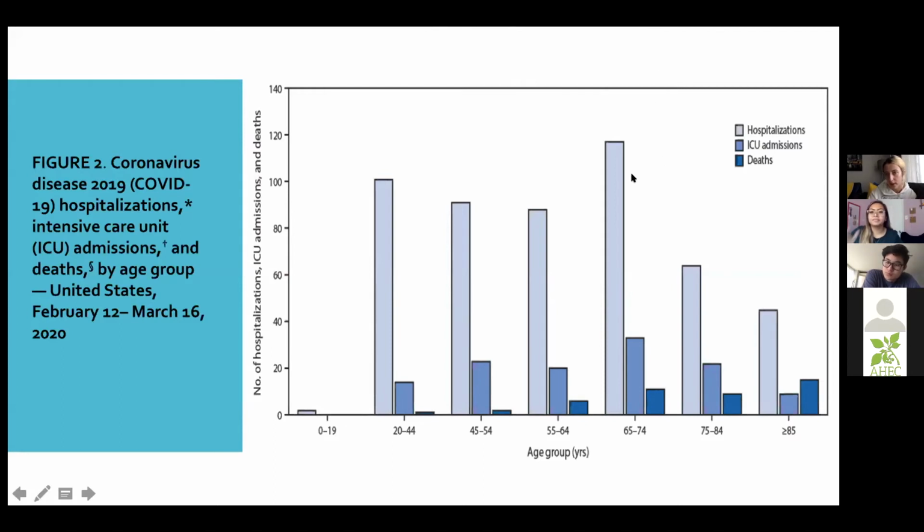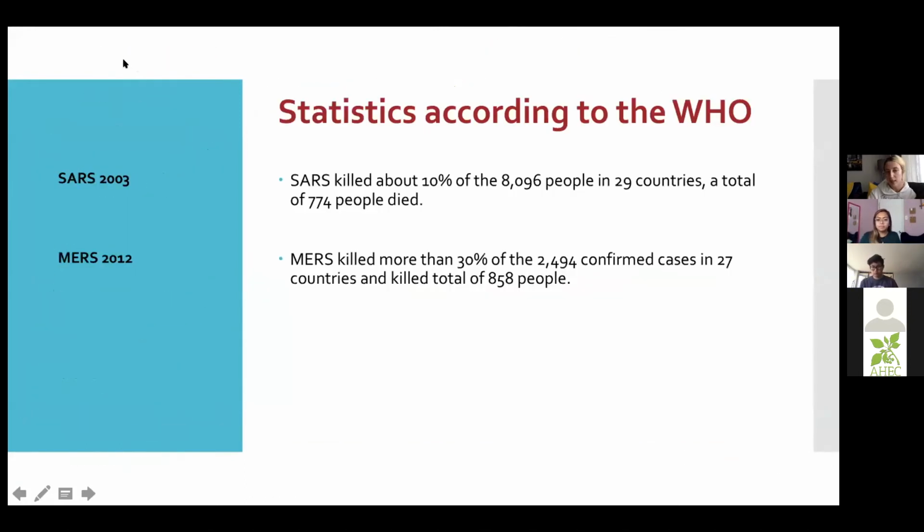Okay. As I mentioned before, I'm going to go back a little bit to the slide. We had similar pandemics in 2003 and in 2012, SARS and MERS, which are the same virus family, the coronavirus family. And how it compares to influenza, that's a good question. You guys have good questions.